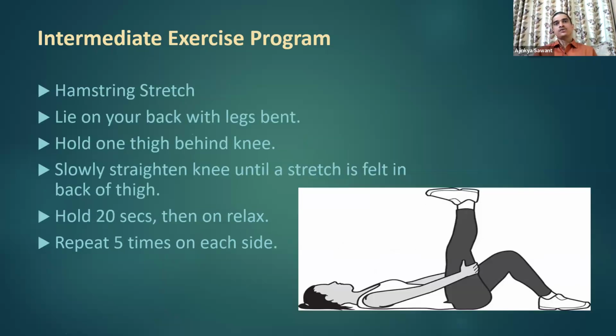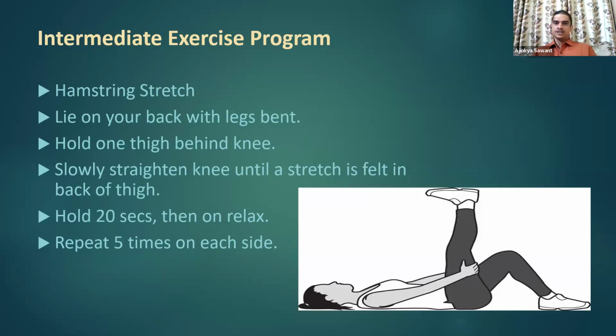Hamstring stretch. Lie on your back, legs bent. Hold one thigh behind the knee. Basically, this is a hamstring stretch we usually give to the patient, not the dynamic sports stretch. Patients can hold by themselves and do the hamstring stretch up to their tolerance level.